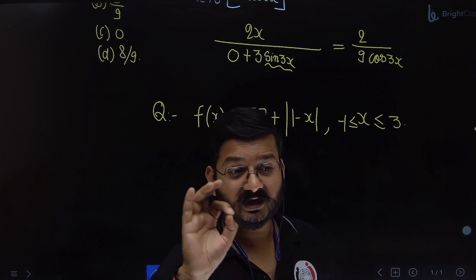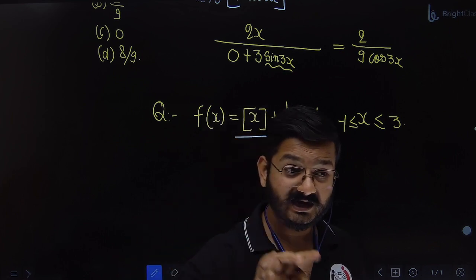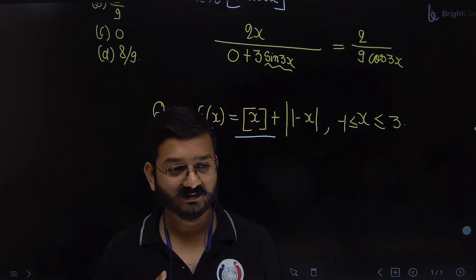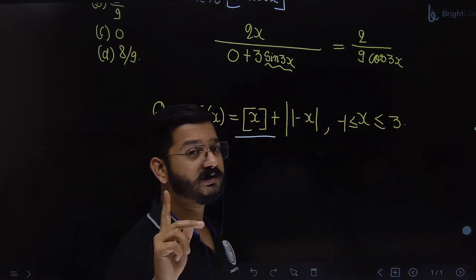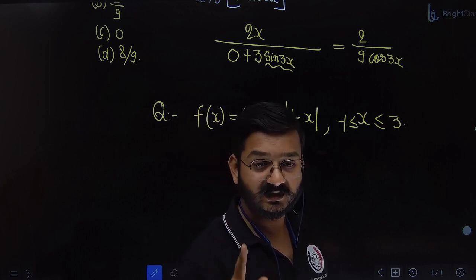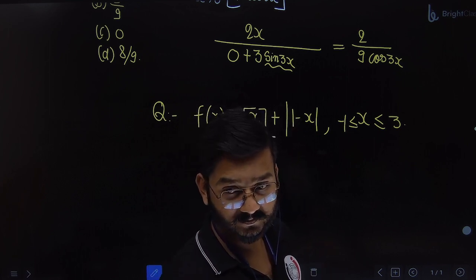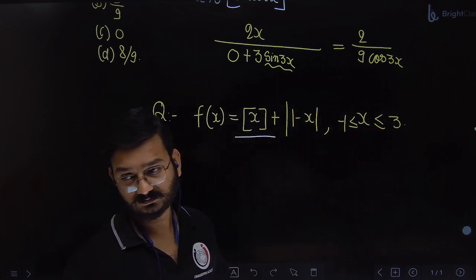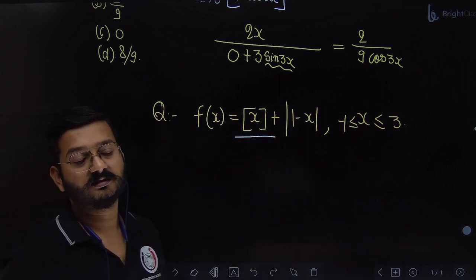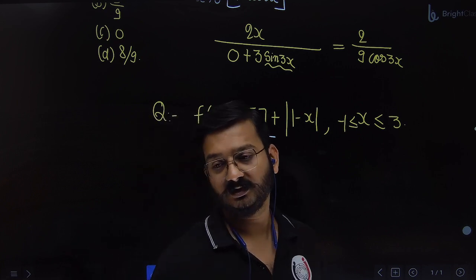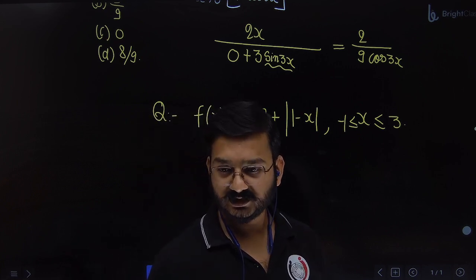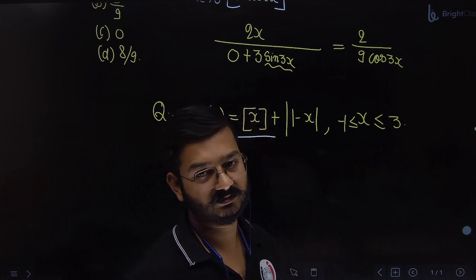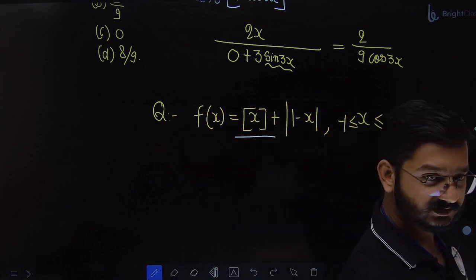Whenever a continuous and a discontinuous function are added or subtracted, the resultant function is discontinuous. The combination, that is plus or minus, of a continuous and a discontinuous function is always a discontinuous function. Okay?